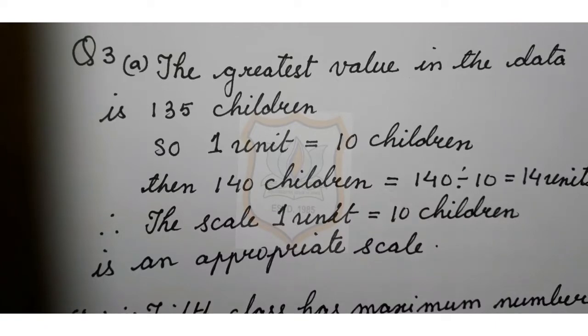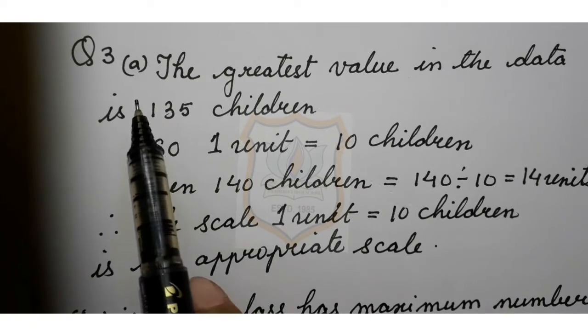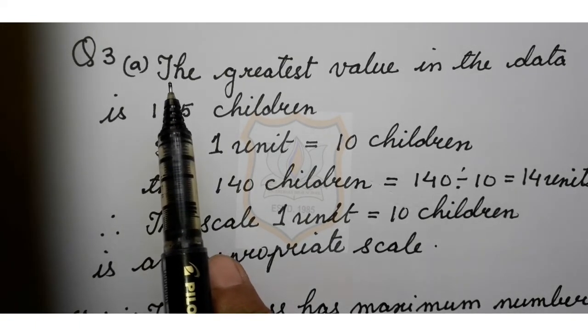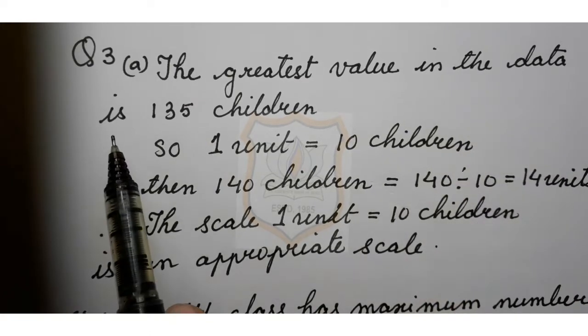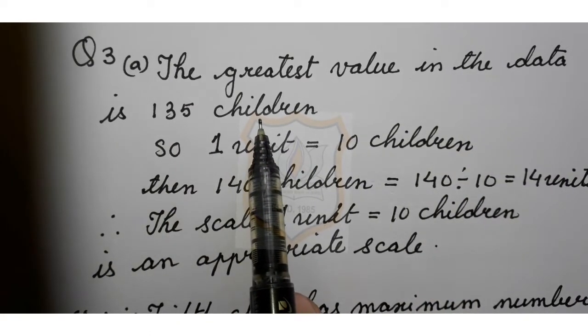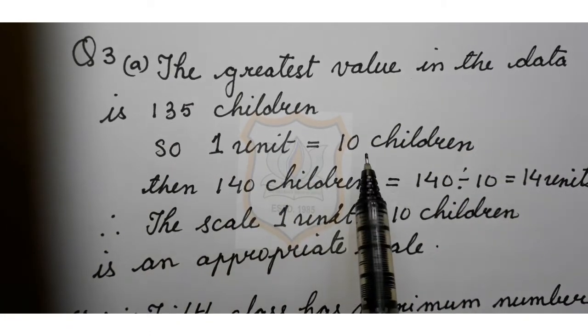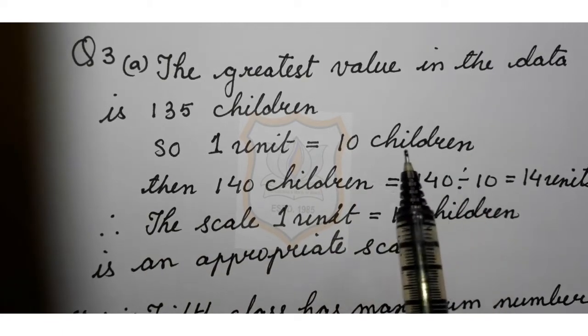A part of question number 3 is how would you choose a scale? So in this way, you have to write the answer in your notebook. The greatest value in the data is 135 children. So 1 unit is equal to 10 children.